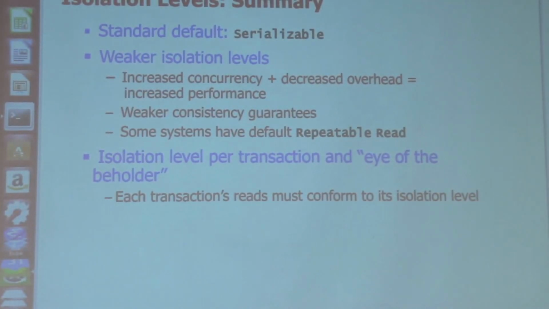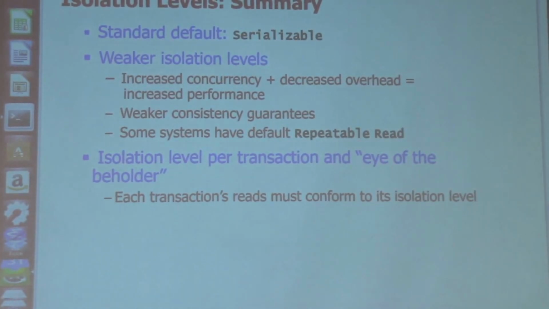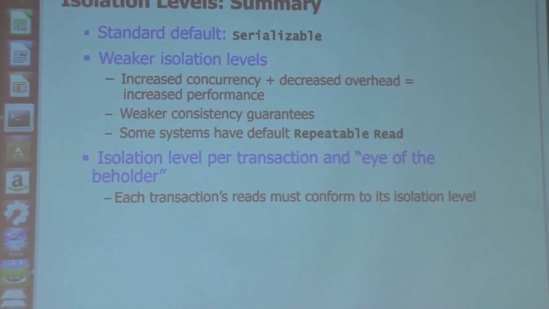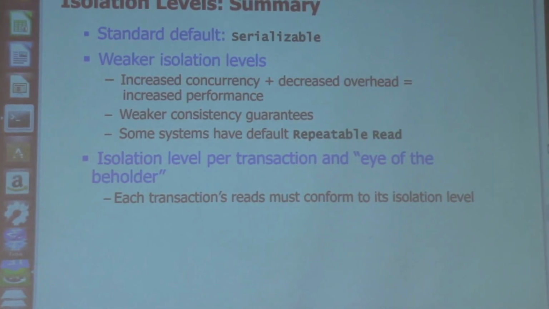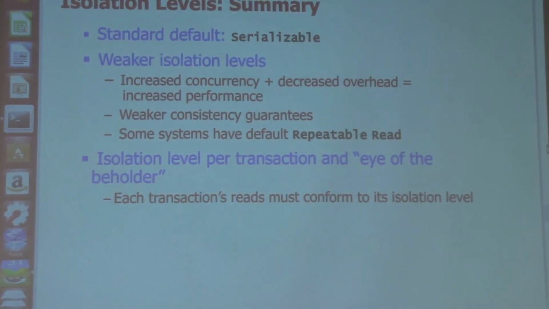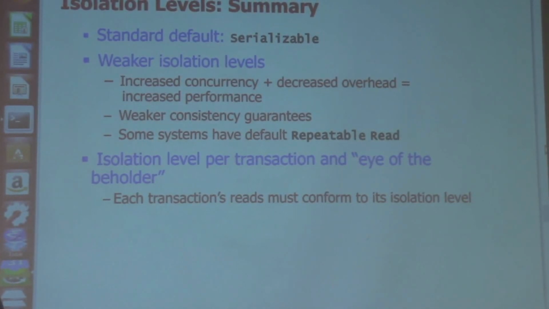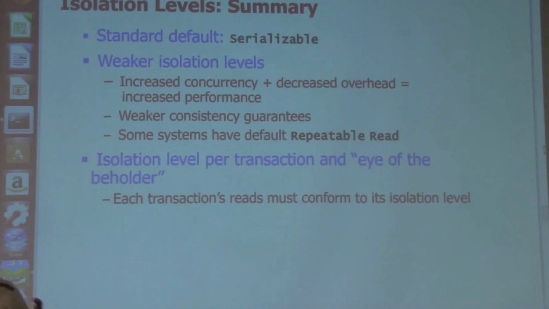If you go up in the stack, meaning that you go to a weaker isolation level, you have more concurrency, but weaker consistency guarantees. If you go down the stack, you have stronger consistency guarantees, but less concurrency allowed in the system.